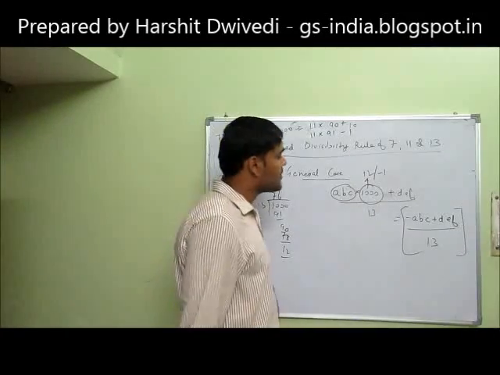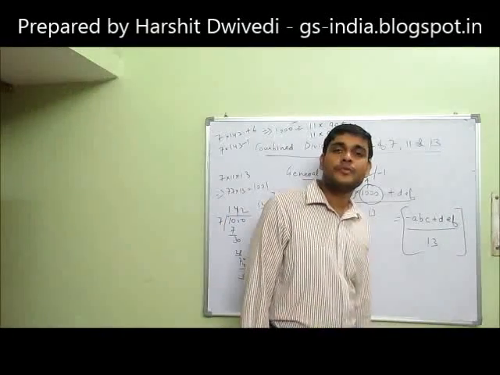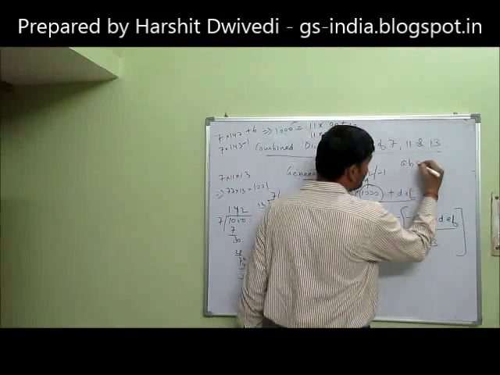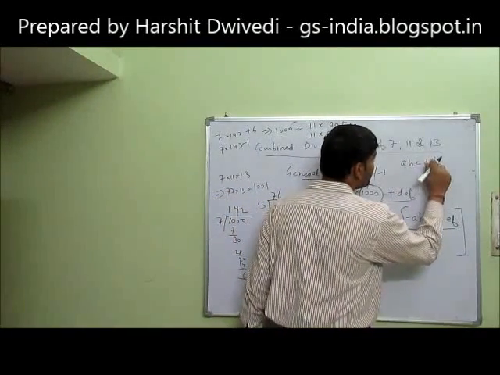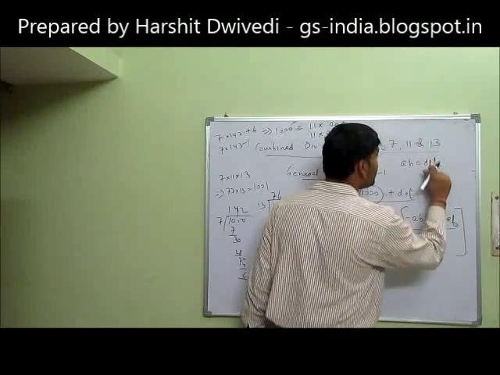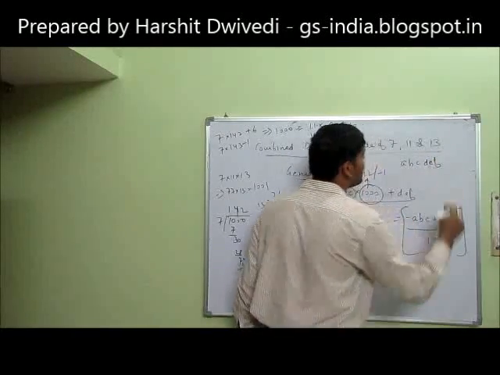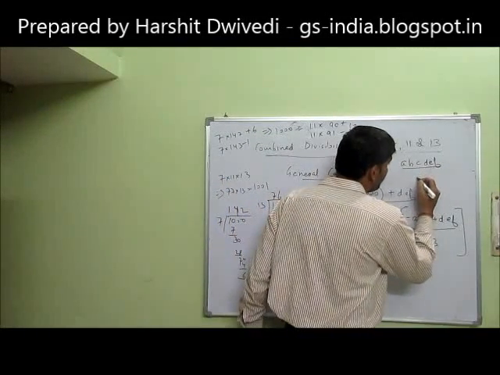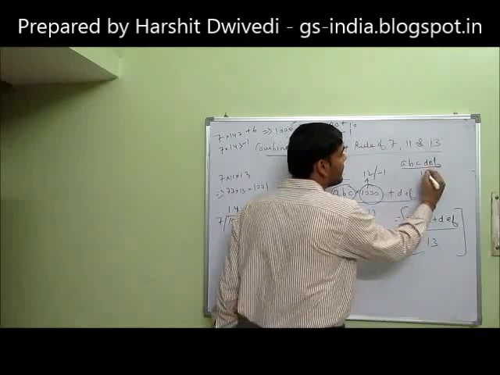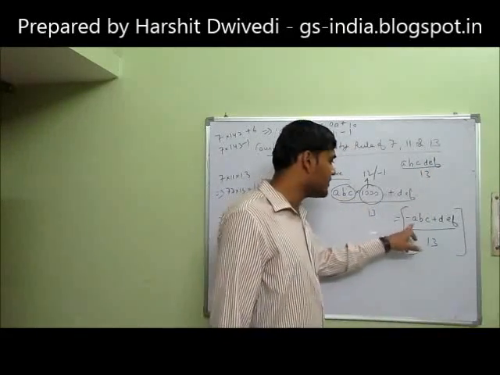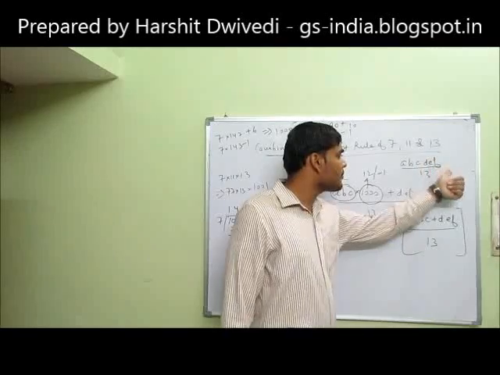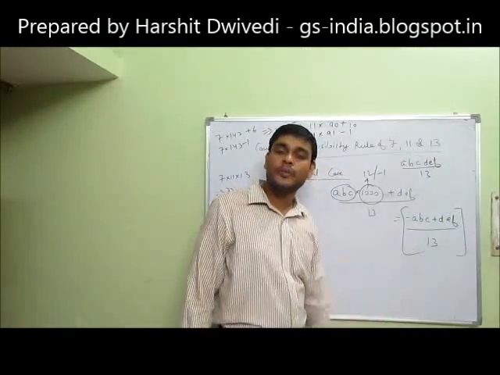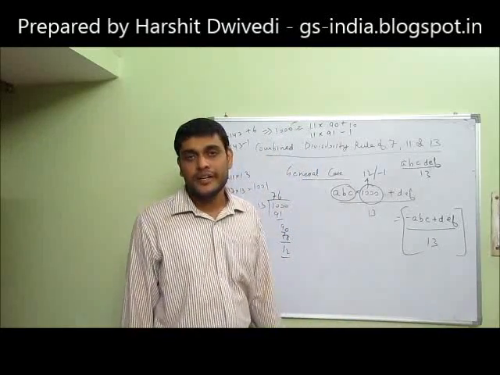If this quantity minus of ABC plus DEF is divisible by 13, then this whole 6-digit number ABC DEF will also be divisible by 13. This is the logic. If I have to check the divisibility of this 6-digit number ABCDEF by 13, what do I do? Negative of the first three digits, that is minus of ABC, and positive of the last three digits, plus of DEF. If the summation of these two is divisible by 13, then the original number is also divisible by 13.